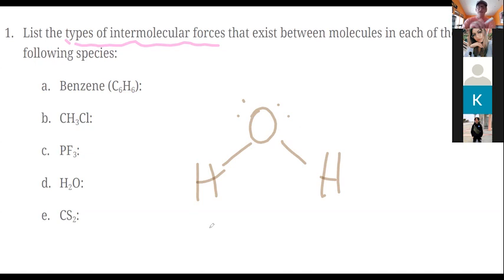So hydrogen bonding is unique. It is a unique kind of dipole-dipole interaction, because what it is, basically, is two water molecules sharing a proton. So this oxygen has a slight negative charge, this oxygen has a slight negative charge, and this hydrogen has a slight positive charge.